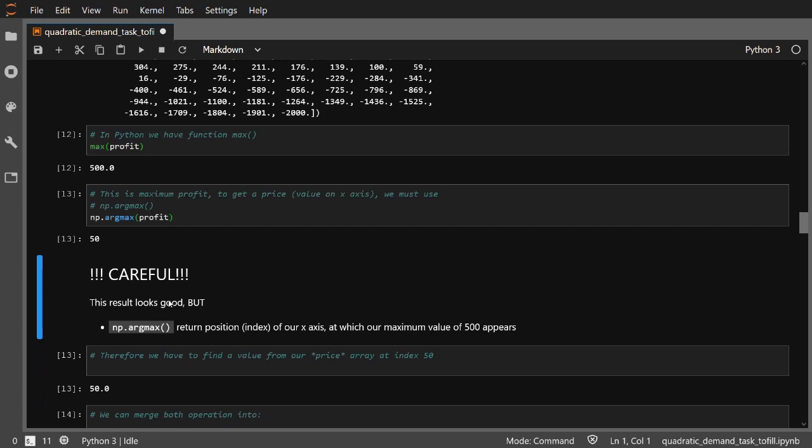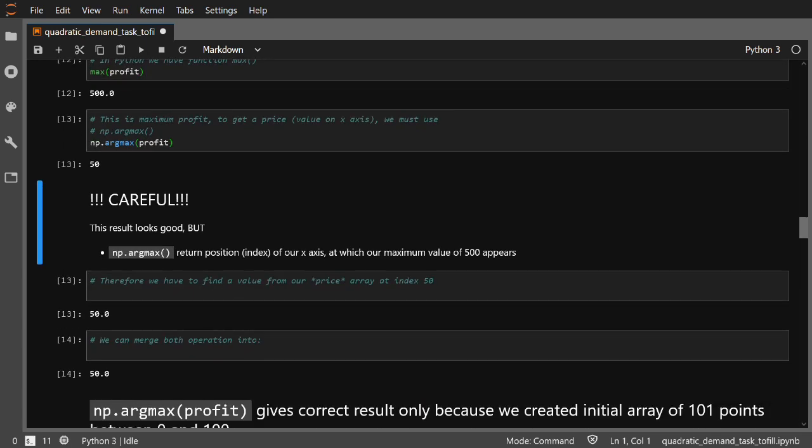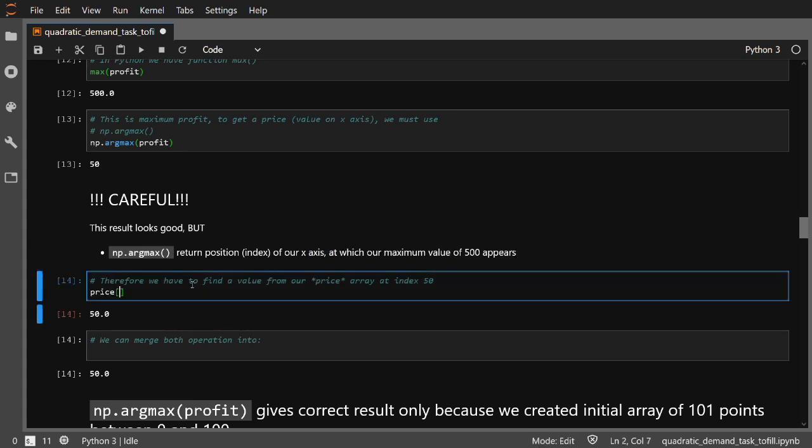And we get 50, which looks correct, but be careful, because argmax returns a position, that means the index of our independent variable, at which the 500 will appear. And this index needs to be applied to our price array. So we need to write price, and now indexing goes with square brackets, and we input our 50.